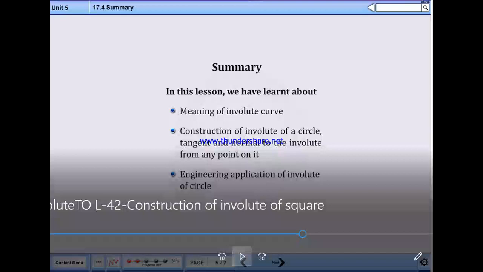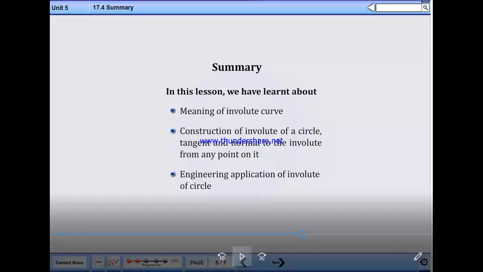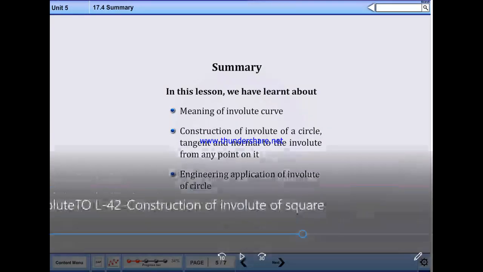Now the summary of this topic is: meaning of involute curve, construction of involute of circle, tangent and normal to involute from any point on it, engineering application of involute. So these we have studied.